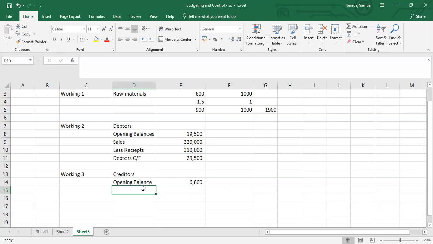If you look at this very critically, we have different things that we actually bought during the period. Remember, we have materials. We are going to look at things we bought, materials purchased.